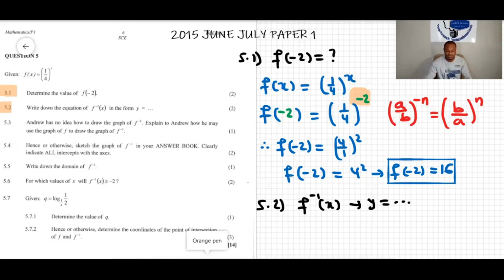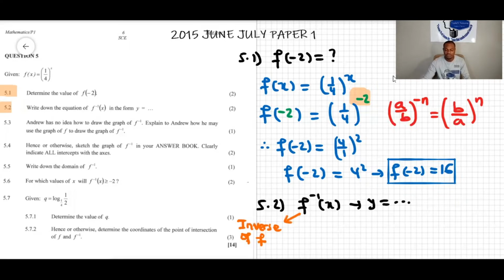Note right here, f minus 1 is the inverse of f, but not the exponents. Okay.